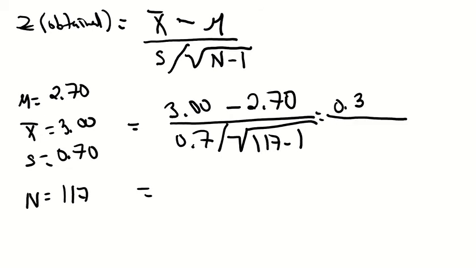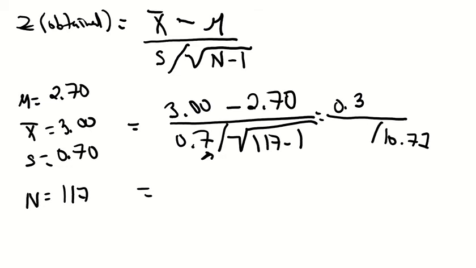Now for the denominator. We know that 117 minus 1 is 116. The first thing we'll do is take the square root of 116, which we can do with our calculator, and it is 10.77.